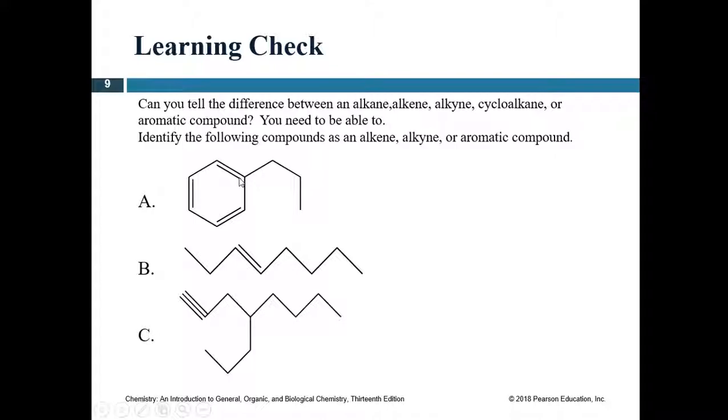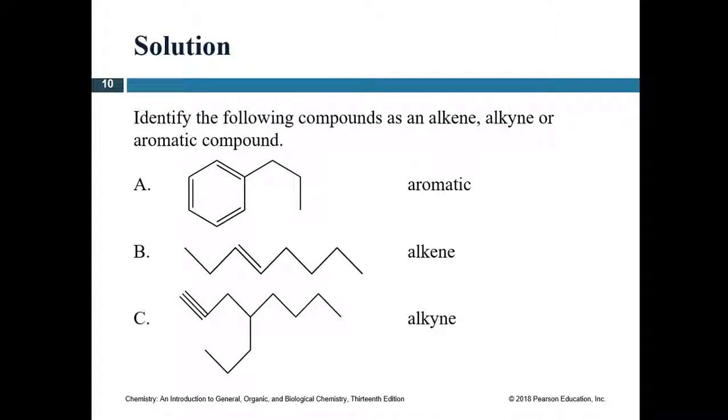When they do, that is our aromatic compound. That's our benzene molecule. I wish they would draw it with a circle in it, but they don't always do that, so you've got to be aware of that. So this is our aromatic compound.